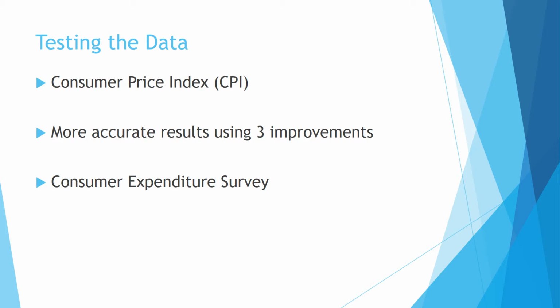The data can be used to find things that tell us what's happening in the economy. The Consumer Price Index, or CPI, measures the average change over time in the prices paid by urban consumers for a market basket of consumer goods and services. The BLS uses the data they gathered of average prices paid by consumers each month and compares it to a base period.